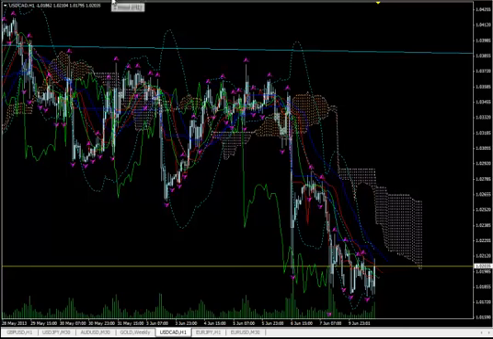I trail it from the H1 chart preferably, and I put it a few pips above every new lower high. When the price goes down, it makes lower lows and lower highs. This is the previous lower high.